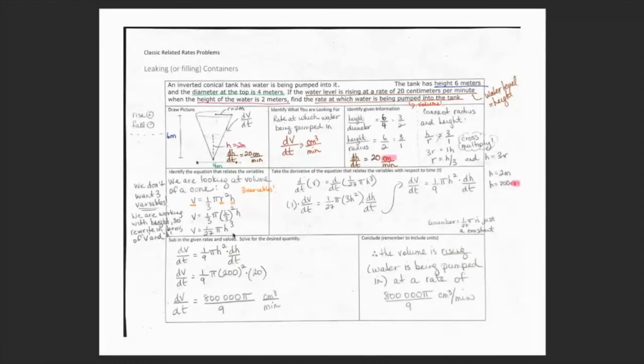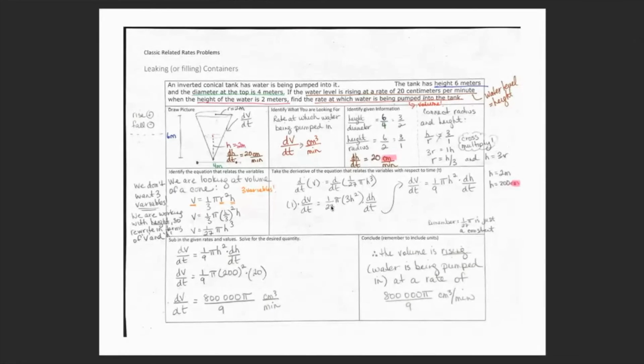And now I'm going to take the derivative with respect to time of both sides. So d/dt of V and d/dt of 1 over 27 pi h cubed. Well, I know that the derivative of V is just 1, and then I'm going to tag on dV/dt. And I know that's going to be equal to the derivative of this. Well, 1 over 27 pi is just a constant, and the derivative of h cubed is 3h squared.